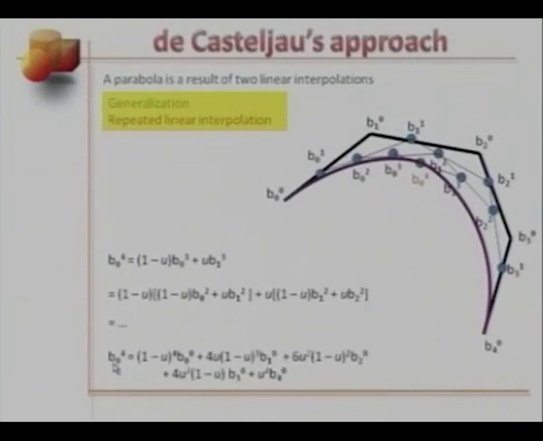The left-hand side, which represents a point on the curve for a given value of u, is B 0, 4 equals (1 minus u) raised to 4 times b sub 0 super 0 plus 4 times u times (1 minus u) cubed times b 1, 0 plus 6 u squared times (1 minus u) squared times b 2, 0 plus 4 u cubed times (1 minus u) times b 3, 0 plus u raised to 4 times b 4, 0.